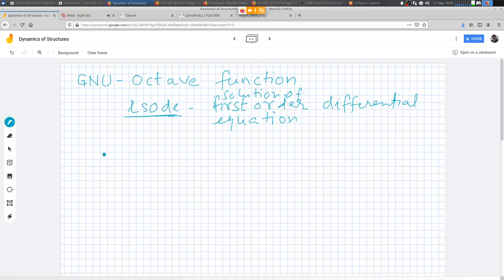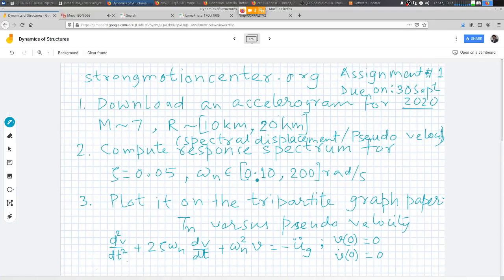So you just need to figure out how to call this function, and you should be able to solve. Now you need to solve it for a number of oscillators of different natural frequency from 0.1 to 200. So you can choose your own increment, figure out how to find a suitable increment.